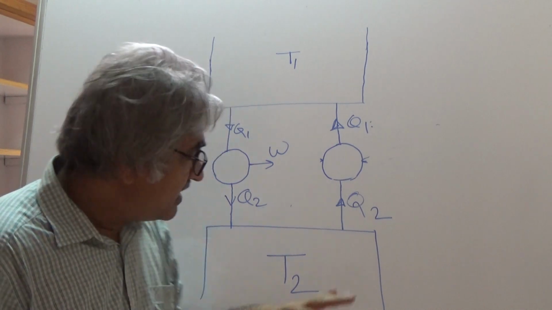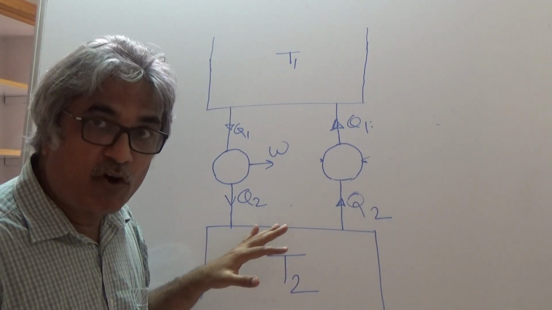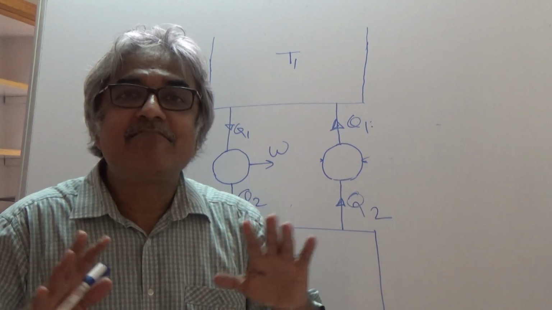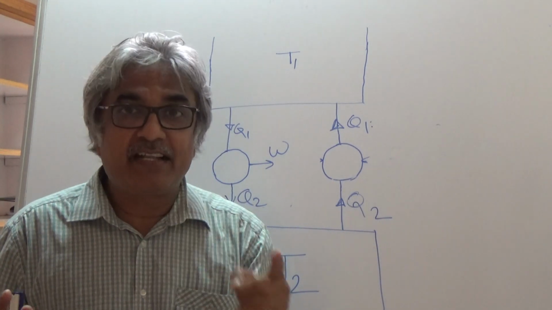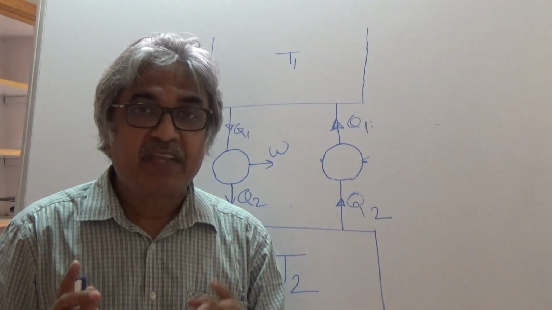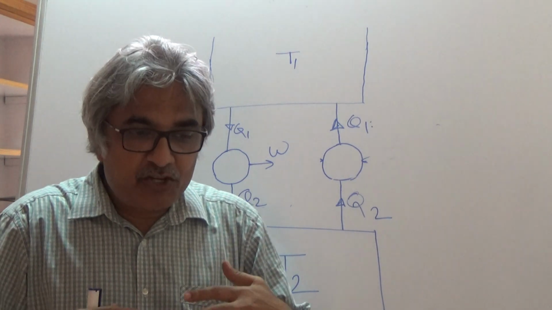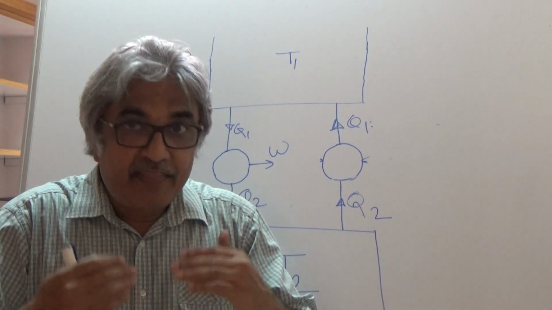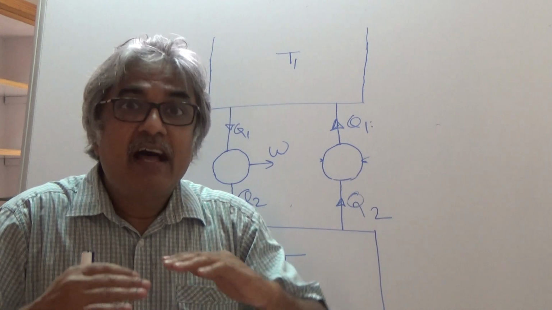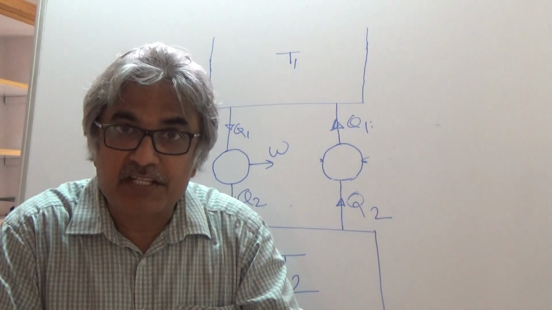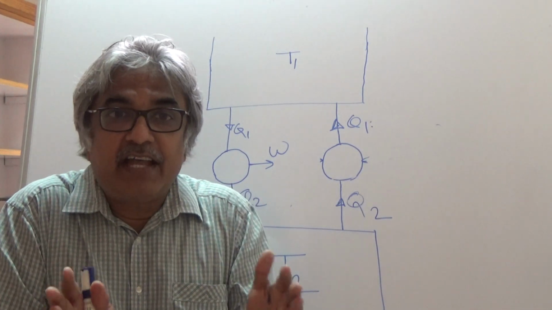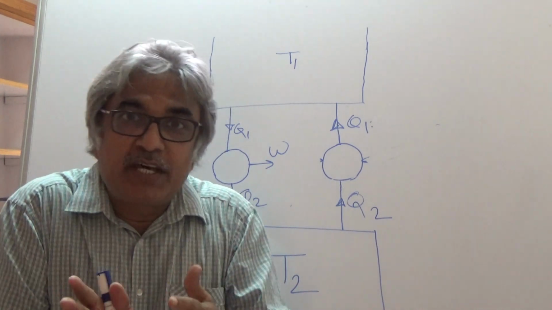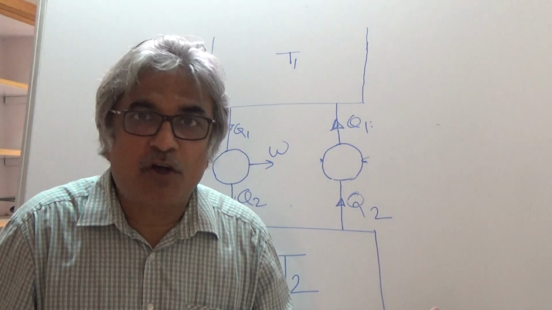So what has happened? This body, the reservoir, has lost its meaning. I told you right at the beginning of the previous video that a reservoir should either be receiving net heat, or net heat should be flowing out of the reservoir. If net heat from or to the reservoir is 0, the reservoir has lost its meaning.